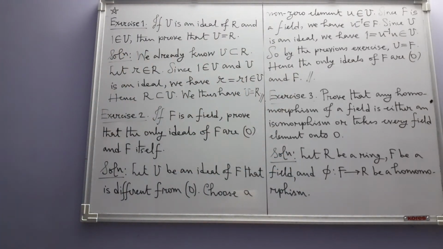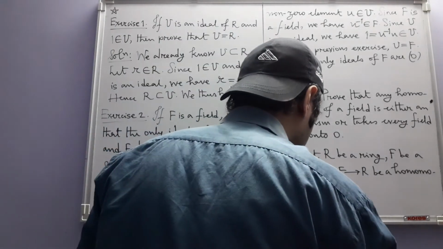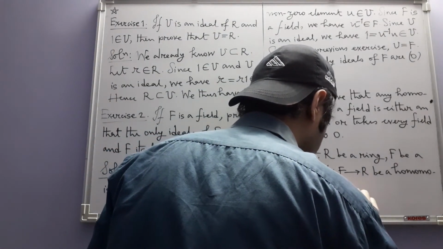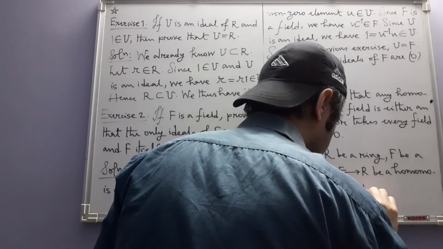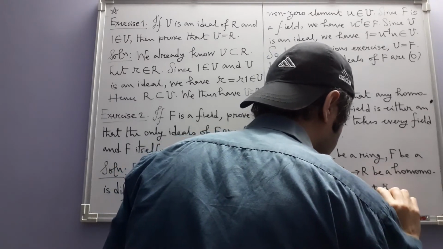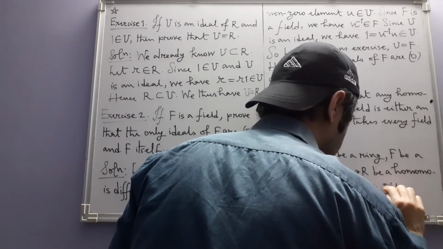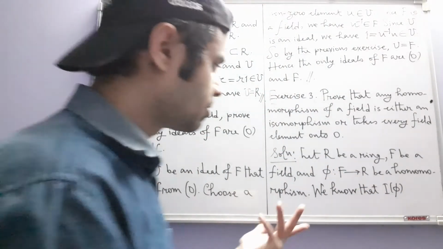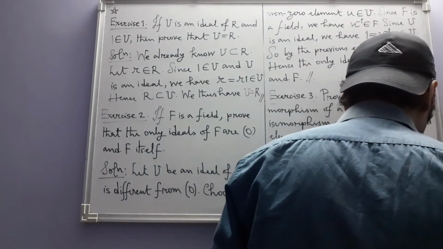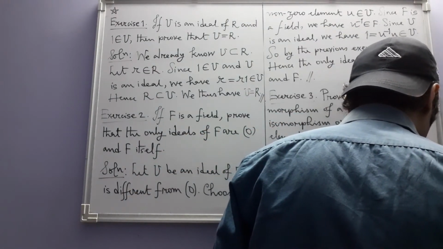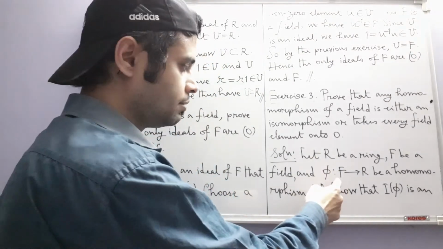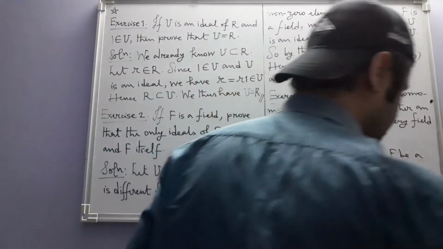Okay. Now we know that the kernel of phi, we have a notation for this, I of phi. The kernel of phi, because it's a ring homomorphism, is an ideal of the domain ring, which is nothing but a field now.